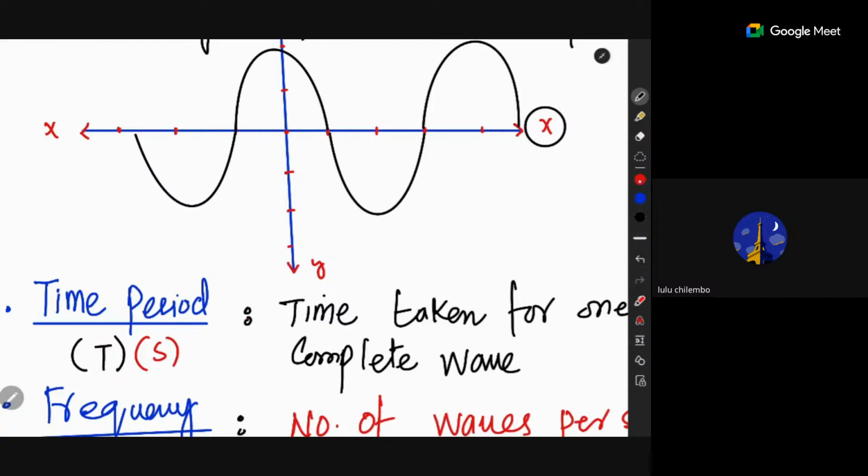The x-axis gives you time period, frequency, and wavelength. You got the point, everyone?